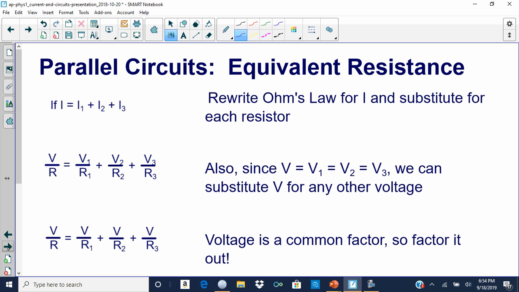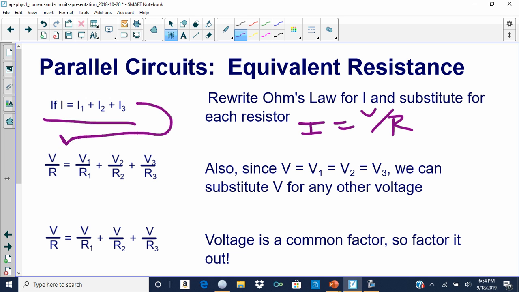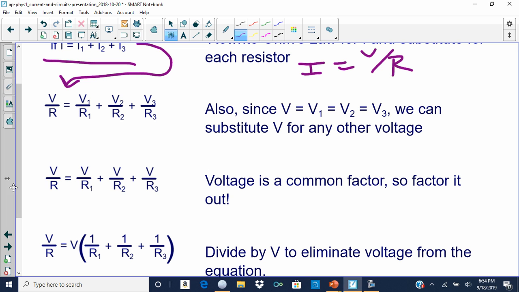Okay, so if we rewrite Ohm's law, we can substitute into this equation I, which is equal to V over R. So substituting that in from that equation to here, we get this. Now remember that the V's are all the same.